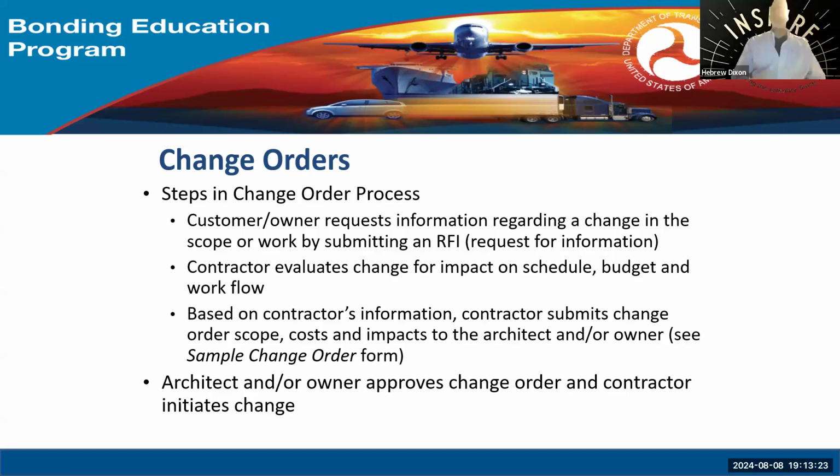We talked about the request for information, RFI. If you see the first hint in project execution that something is different than what you estimated, or the owner asked you to do something that was not clear, or heaven forbid, the drawings aren't clear, the detail isn't worked out, then you want to make sure of this.